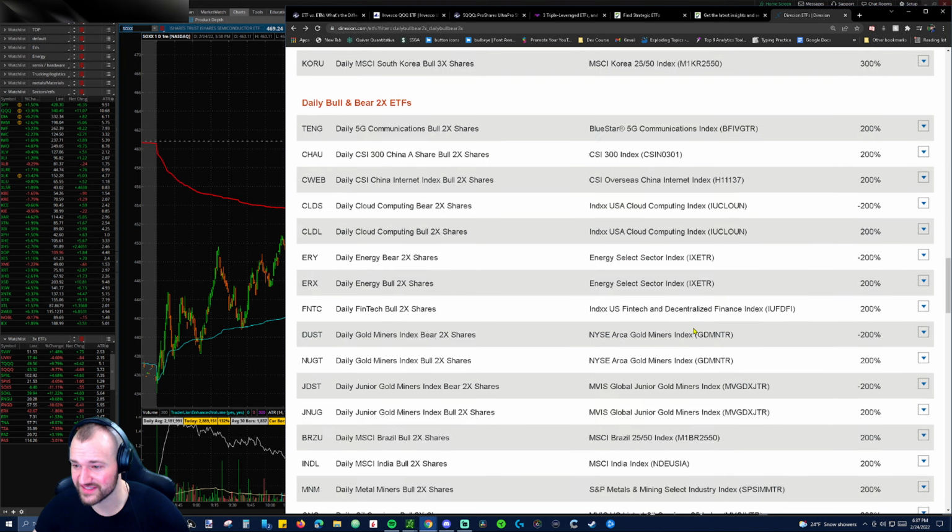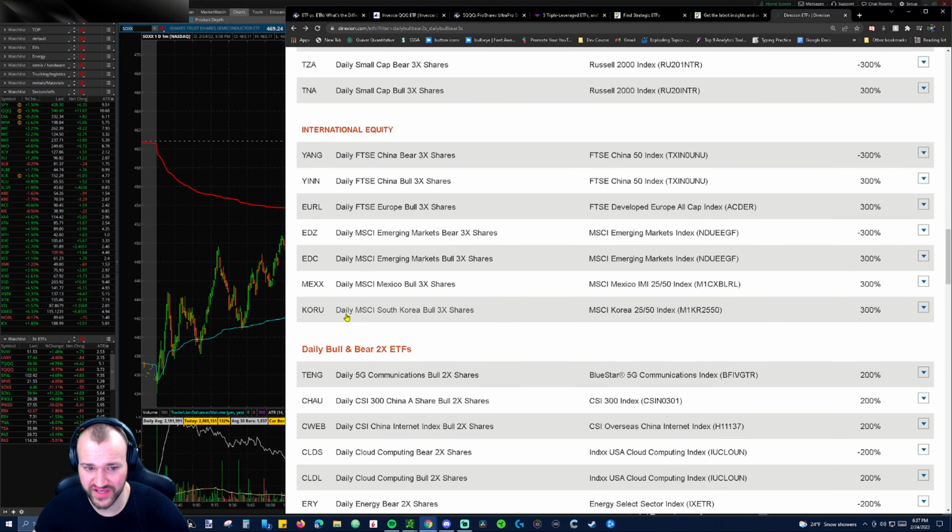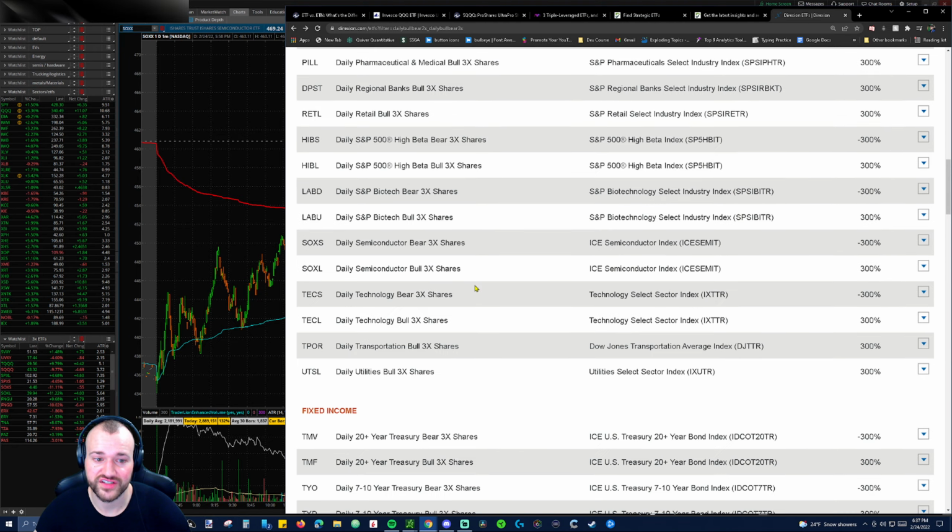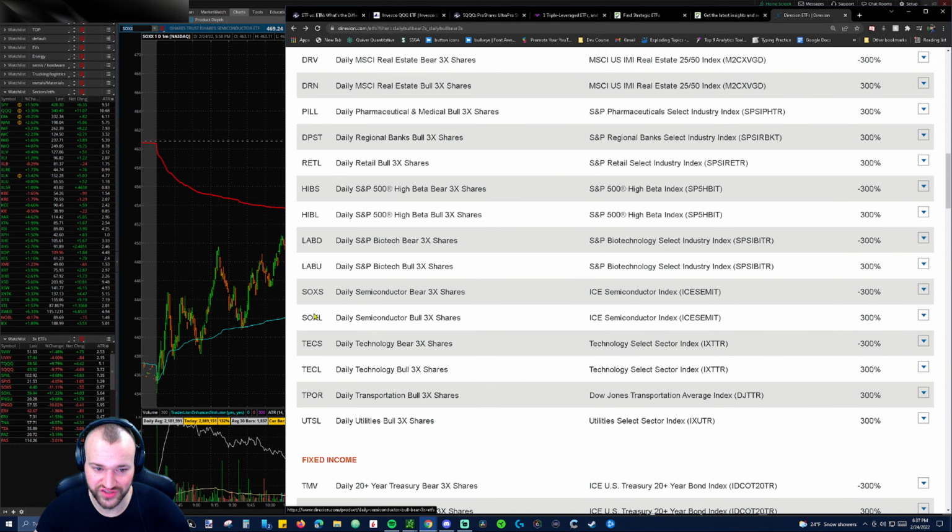But yeah, there's a ton of these. So here's 3, 300 or triple leveraged. There's a ton of them. Here's the ones I was just talking about for the semiconductors. And the thing I like about trading these is because I've noticed for myself, it really annoys me if I'm in a laggard and I don't have as much confidence or conviction when I'm trading individual names, generally speaking.